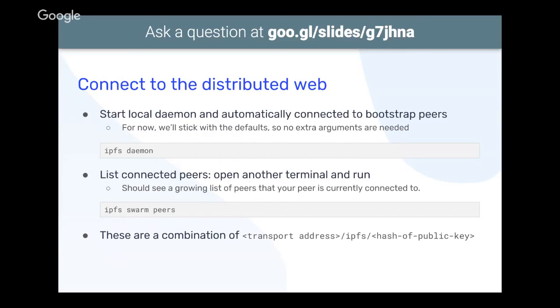Once you've got that repository initialized, we can start to connect to the distributed web. In order to do that, we'll start our local daemon. I have no idea if I pronounced that word correctly, but let's hope I do. We'll automatically connect to a bunch of bootstrap peers. These are configured peers already running out on the IPFS network that already have connections to various peers across the network.